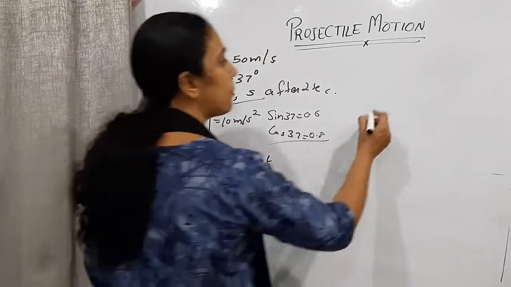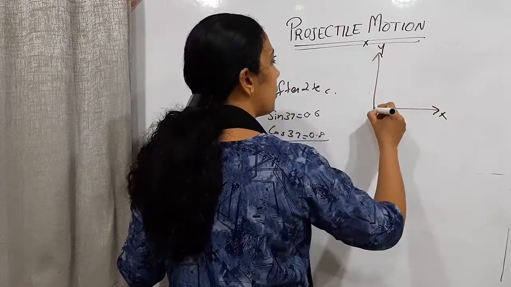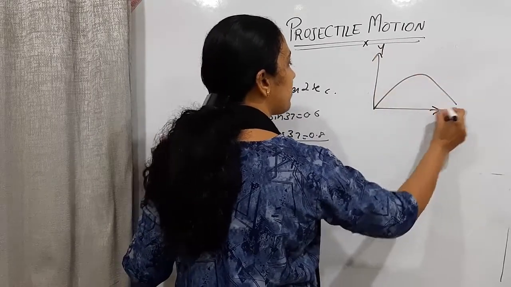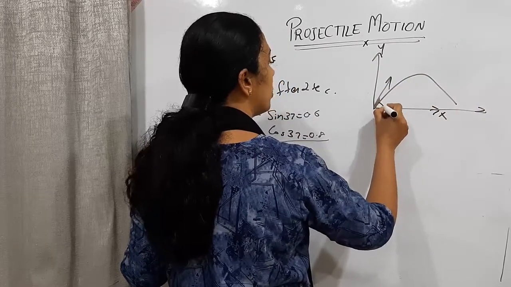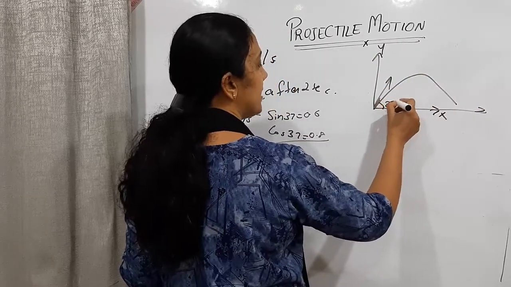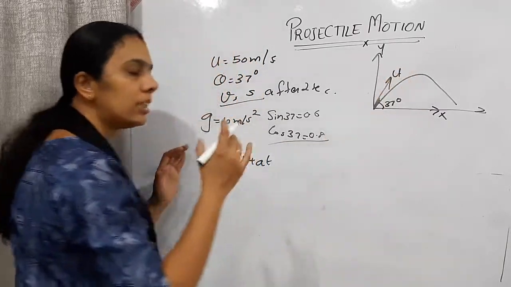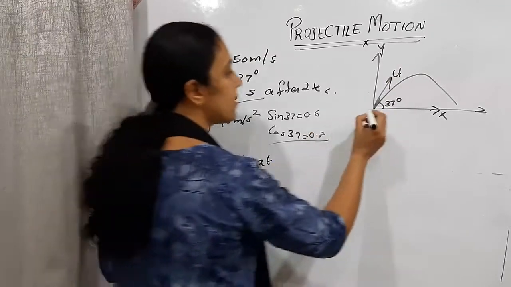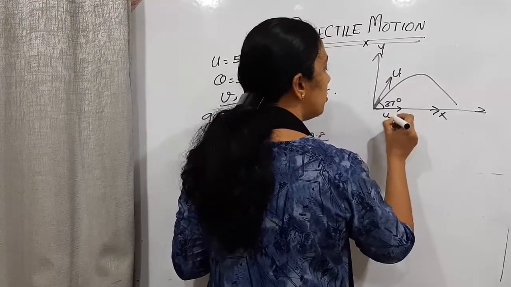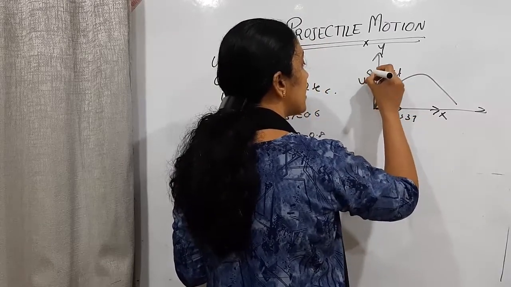So here, considering the x-axis and y-axis, my projectile motion is like this. It's making an angle of 37 degree with respect to the horizontal. So this is the initial velocity, and we can divide that initial velocity into its components. The first component will be u cos 37 and this is u sin 37.